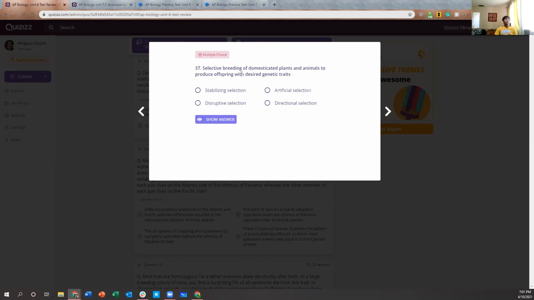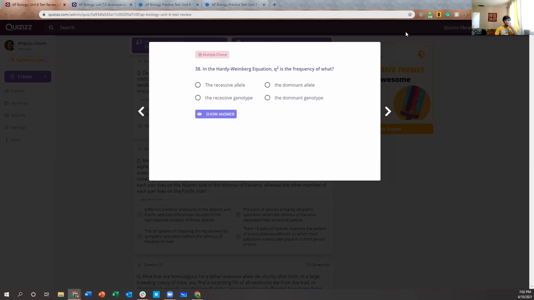It could also be stabilizing, disruptive, or directional, but we don't know, since they haven't given more details on whether it reduces the mean, increases the frequency of the mean, or shifts it directionally. So the best answer is artificial selection, because you have a selective breeder who's picking and choosing traits to select for. It's artificial.